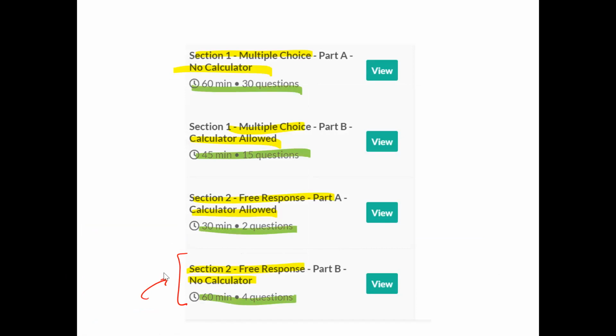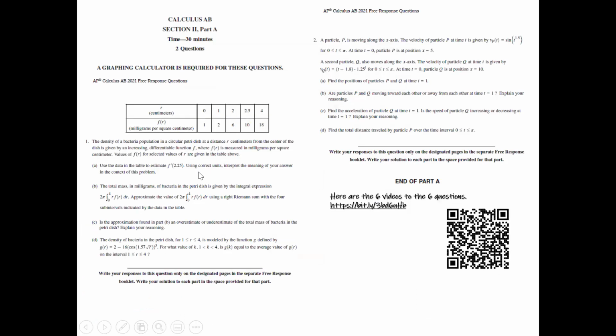free response questions. All right, so I'm not sure if you guys were aware, but I did post this on MS Team. AP College Board actually released the actual free response questions that appeared on the 2021 test. Initially when I saw it, I was like, that's interesting because you guys haven't taken the test yet.